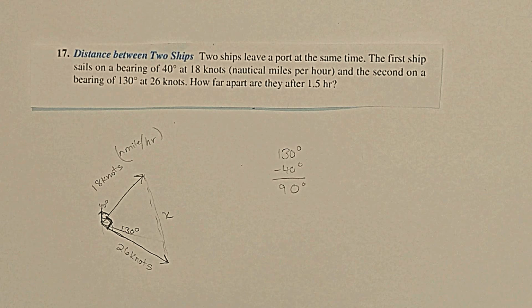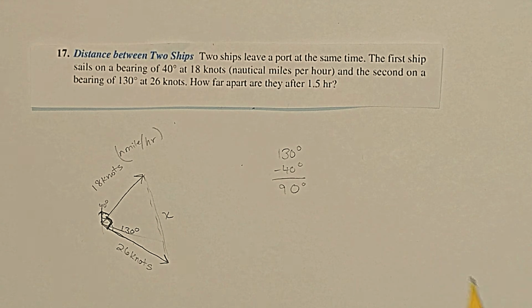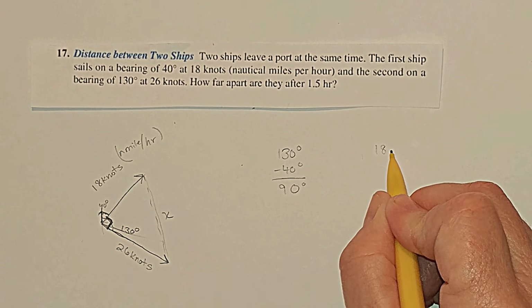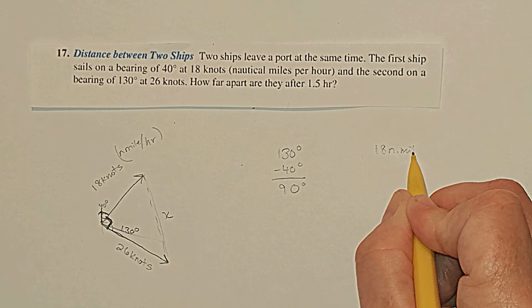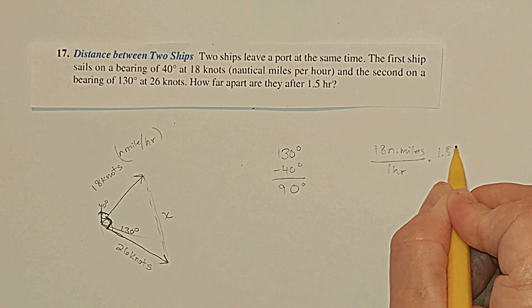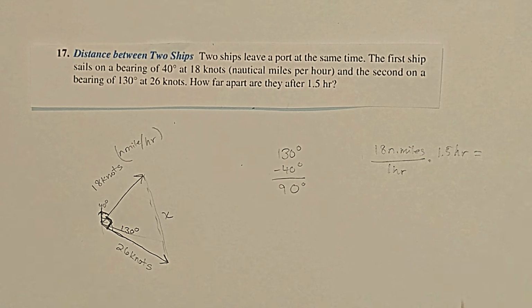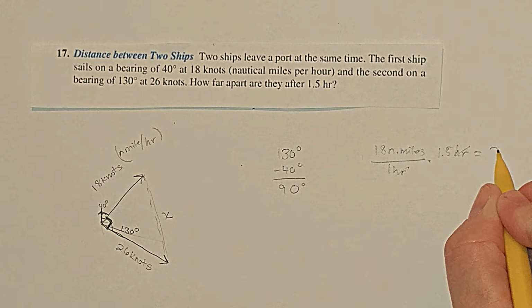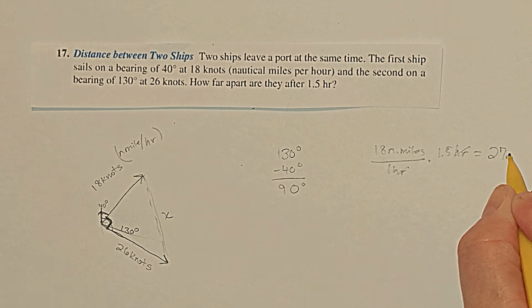They said that these ships have been traveling for an hour and a half. So we're going to take 18 nautical miles per 1 hour, and we're going to multiply it by 1.5 hours to see how far it's gone. So these hours will cancel, and we find out that 18 times 1.5 is 27. So the first ship has been traveling 27 nautical miles.